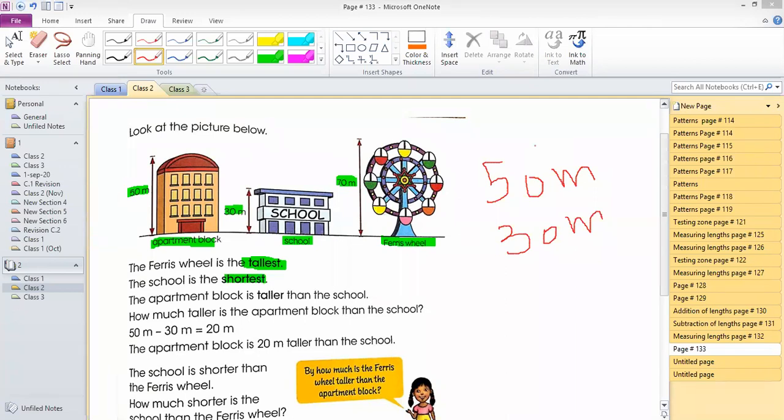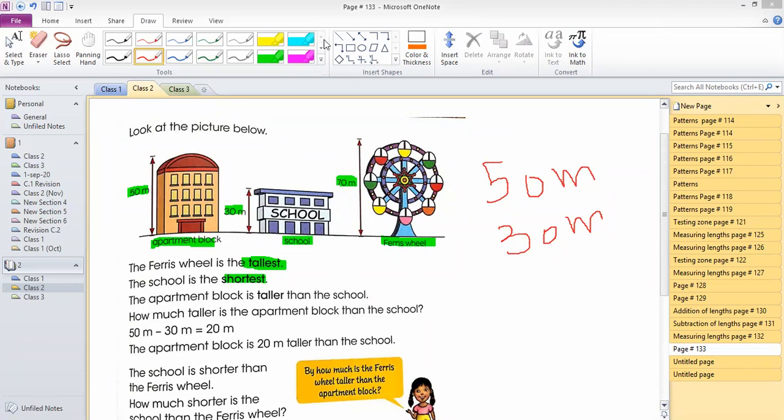Miraj, very good. Adam, very good. No, Rafiq. No. Some students are adding. You don't need to add. I am asking how much taller.